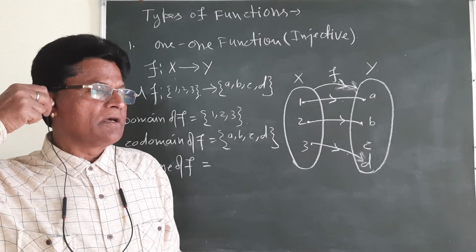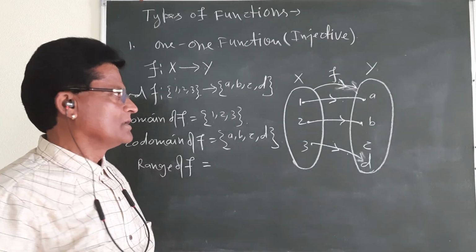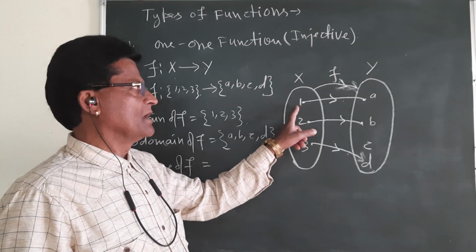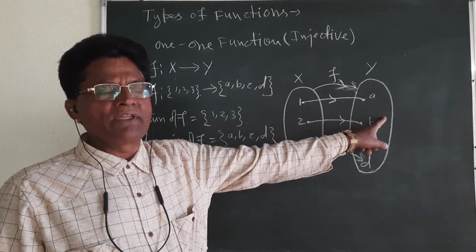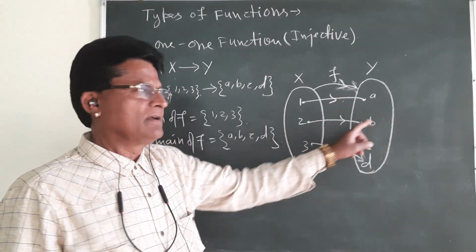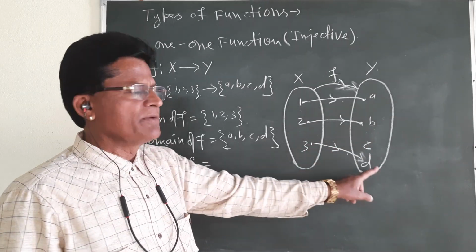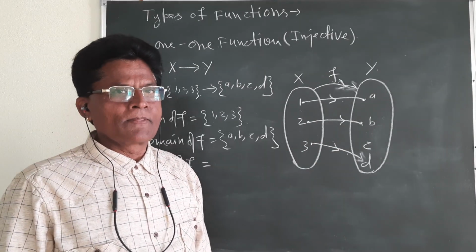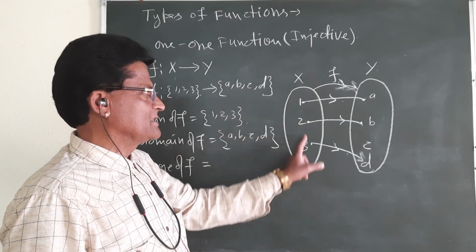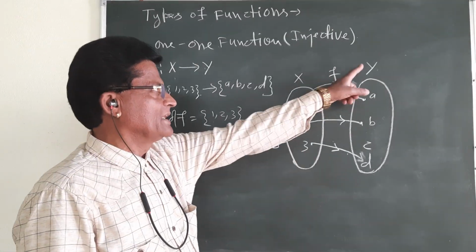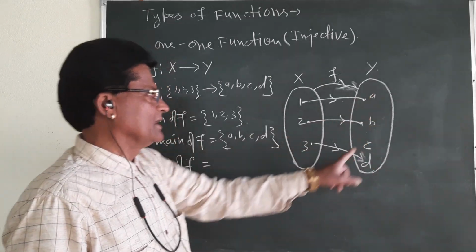Try to understand the thing. Once again, you see 1 has the image A, 2 has the image B, and 3 has the image D. I told you all the elements which are in X come under the domain, and all the elements in Y come under the codomain.